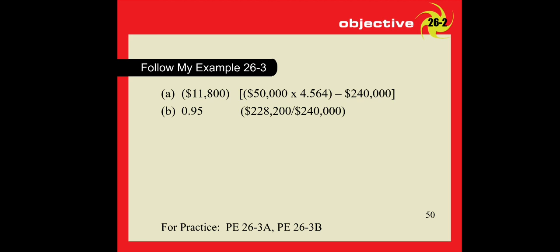Then, for the net present value, the present value of net cash flow every year minus the initial investment. The initial investment is 240,000. So you will get here, the answer is negative 11,800.